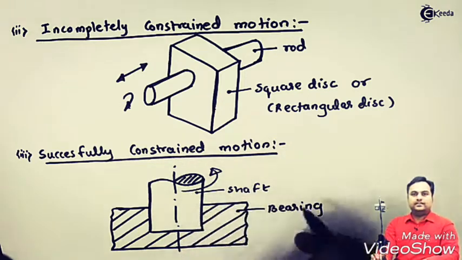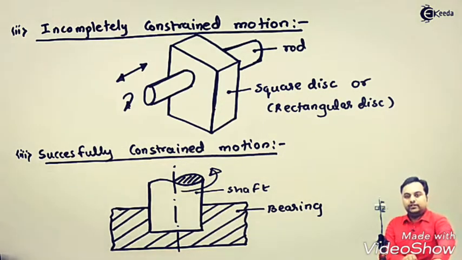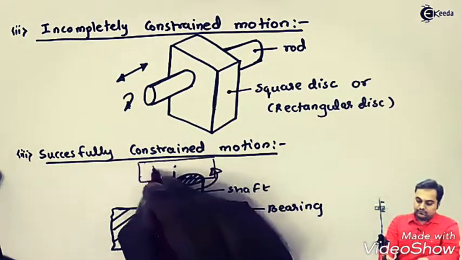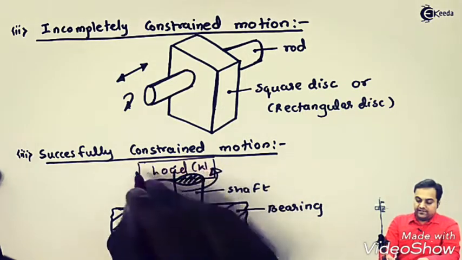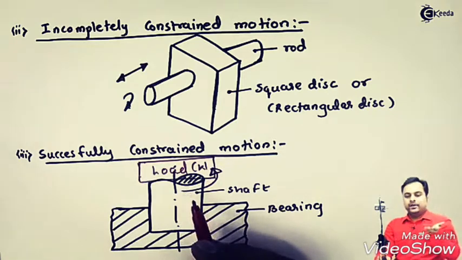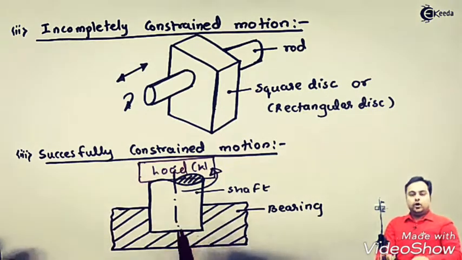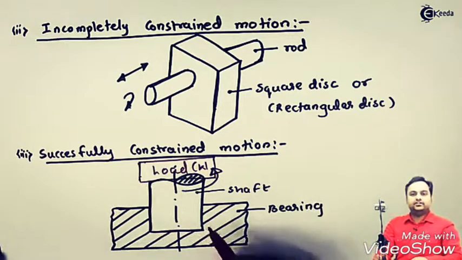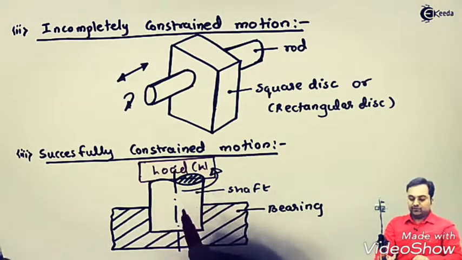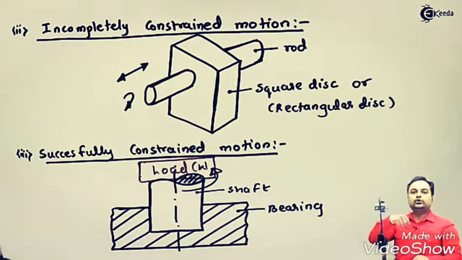Now if I want to make it successfully constrained motion, then we would be placing a load here, or you can say a weight. Because of this weight, the shaft cannot move up. Hence we have converted incompletely constrained motion into completely constrained motion, that is, the shaft can only rotate, it cannot move up. So this is an example of successfully constrained motion.